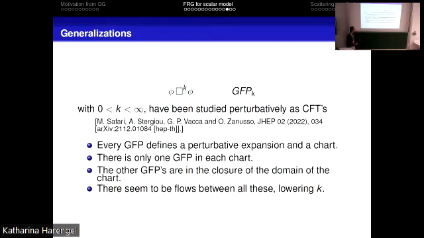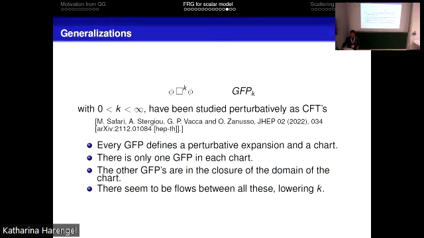And there seem to exist flows between all of them. So if you start from GFP k you can flow to GFP k prime as long as k prime is less than k. I have discussed this in the previous slides, the flow from k equal to 2 to k equal to 1.